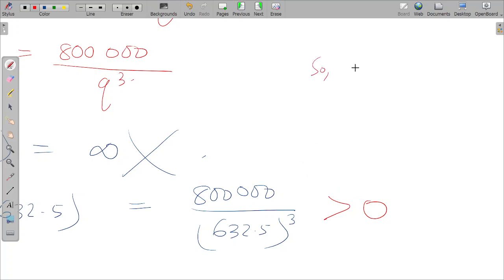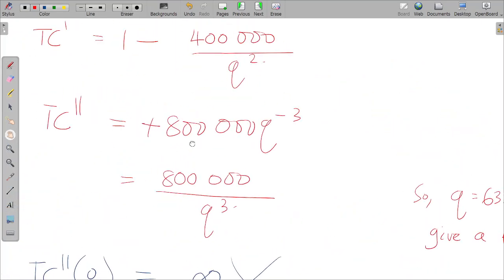So q equals to 632.5 gives a relative minimum.